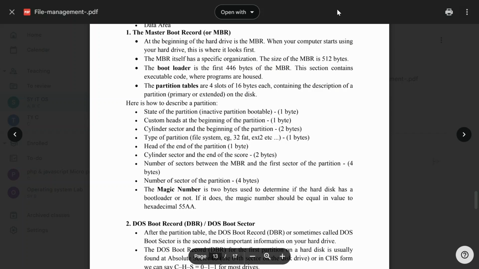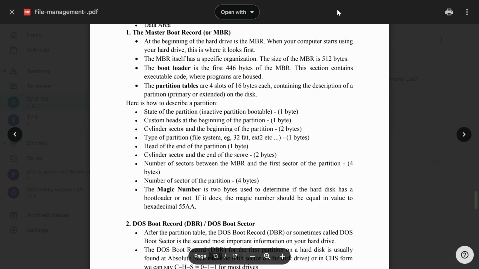State of partition, means first of all we have to specify the state of partition. For that purpose, we specify 1 byte, and that is inactive partition or active partition, bootable. So next one is heads at the beginning of the partition.